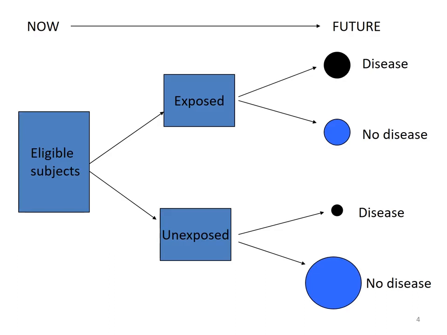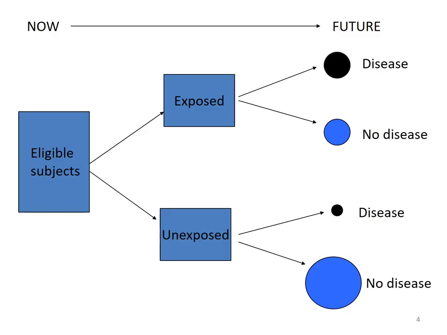This figure represents a prospective cohort study. So now we recruit eligible patients, we classify them based on their exposure as exposed and not exposed, and follow up looking forward for a specific period of time, and assess the occurrence of the disease.